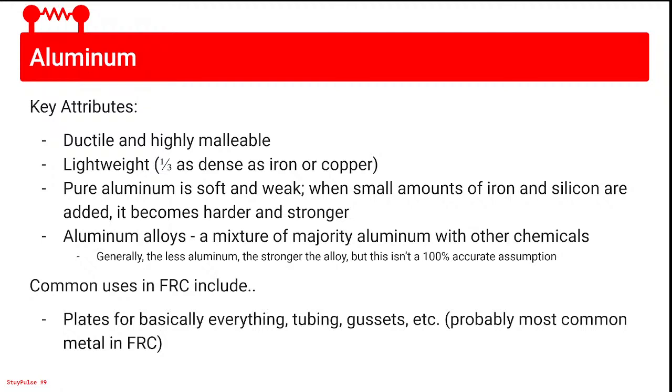We have experienced, especially this year on 694, shafts bending because they're not 7075. 6063 and 6061 are really easy to bend. And a quick tip: a lot of shafts from REV, I believe, are actually 6063.